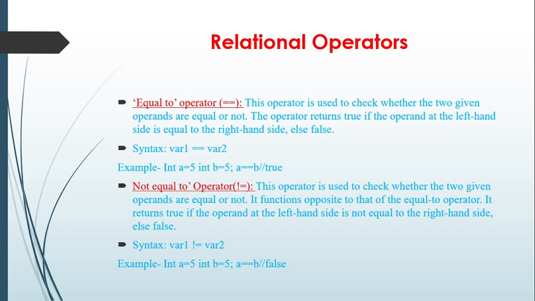For example, int a is equal to 5, int b is equal to 5. Here, a equals equals b determines true, and a not equals b gives false, since a and b are equal.